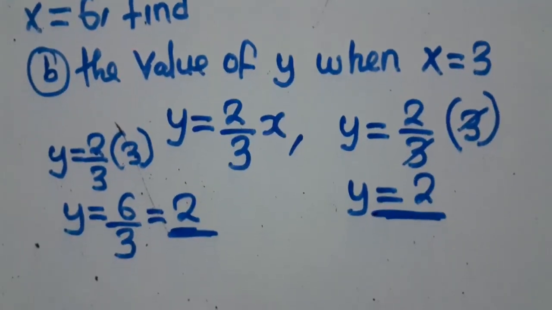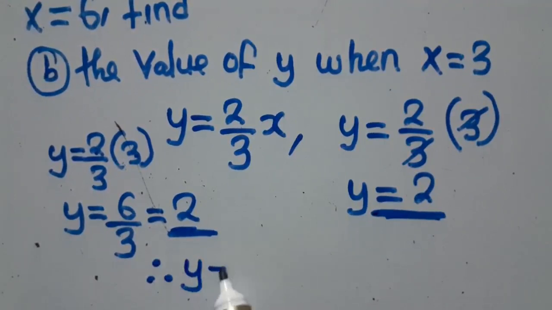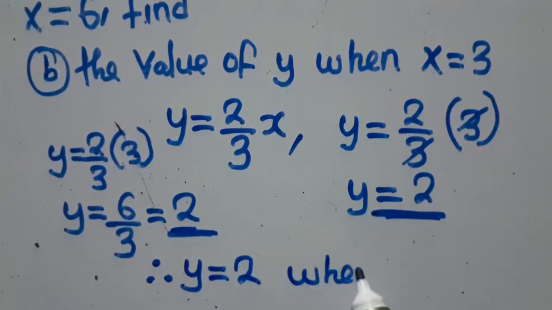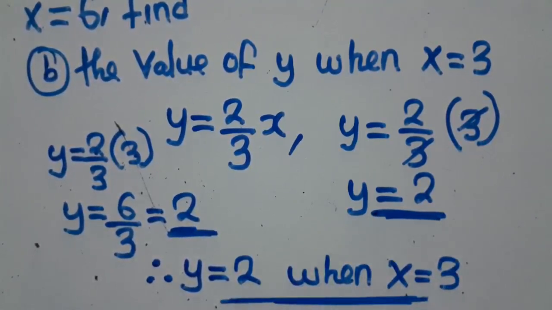You now conclude and say, therefore, y is equal to 2 when x is 3. You are done. This is how you need to answer the question.